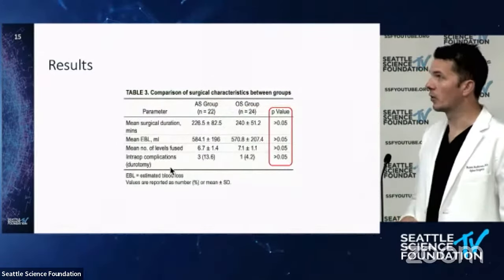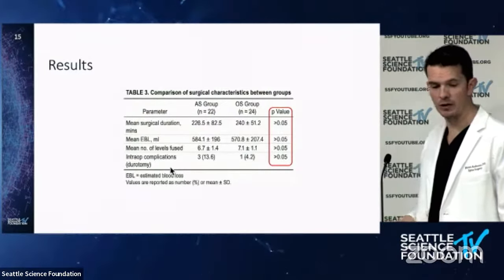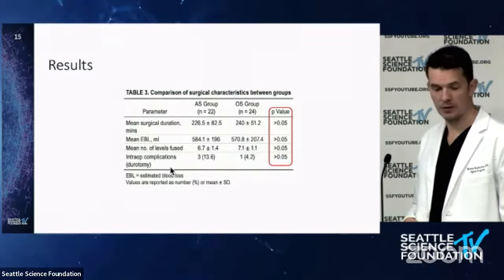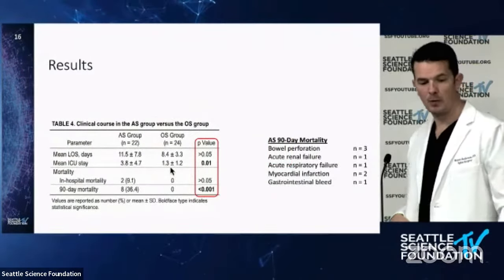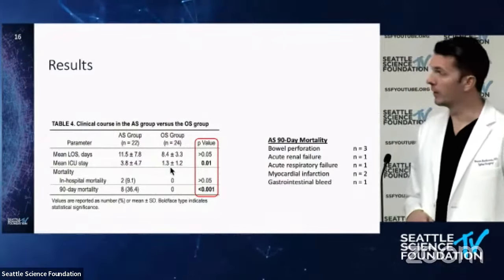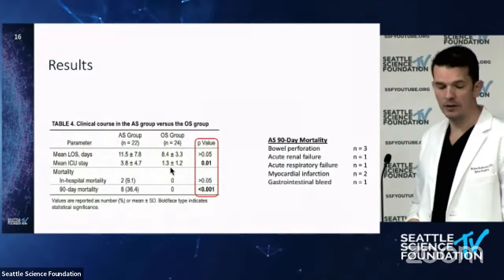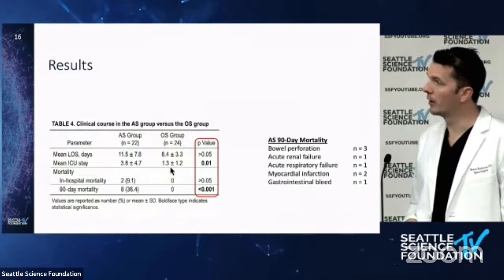When looking at the surgical characteristics between the groups, there was no difference between surgical duration, EBL, levels fused, or intra-op complications such as durotomy. When we look at the post-op course, however, there are some differences. Our patients that have ankylosing spondylitis do have an increased mean ICU stay after the operating room.